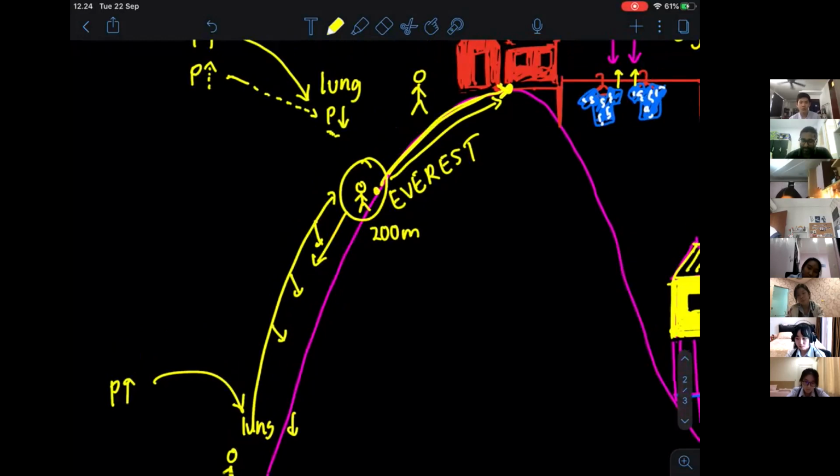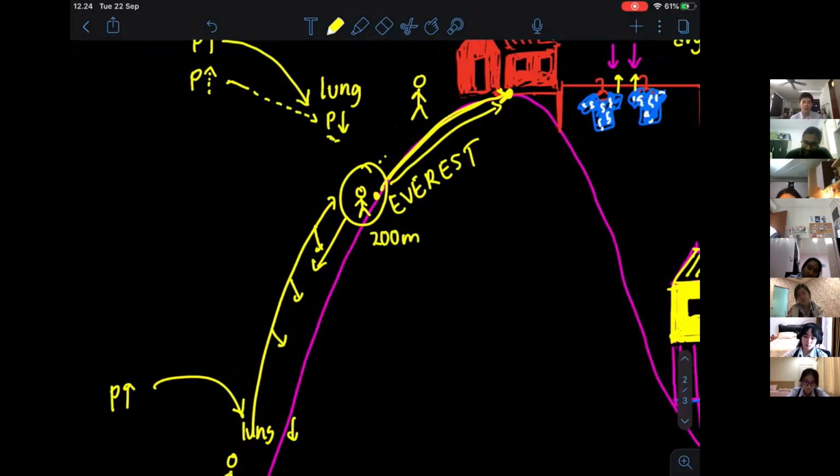It is impossible to go all the way to the top of Everest without a gas mask, because some of them still need to use the oxygen during the climbing. That's the problem why not everyone can manage to reach the summit.